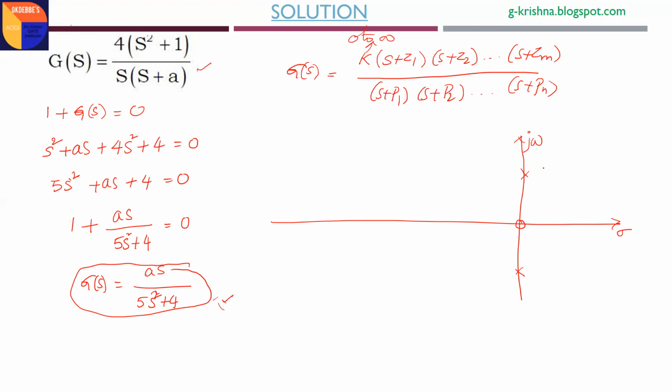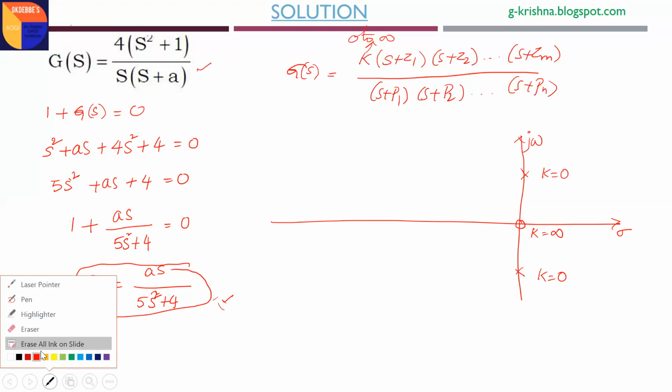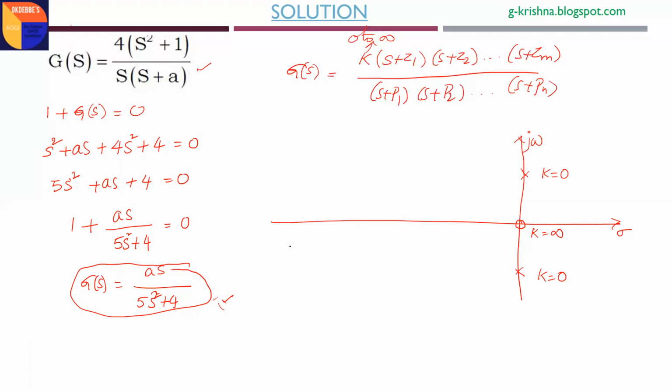At K = 0, the closed loop poles or roots of the characteristic equation are the open loop poles. At infinite gain, they are the open loop zeros, in which one is at the origin and another is located at infinity at an angle of 180 degrees. That is the only asymptotic angle, 180 degrees. And the root locus lies on the real axis between 0 to minus infinity.